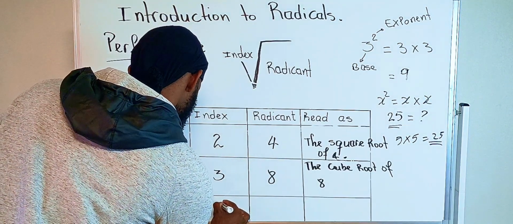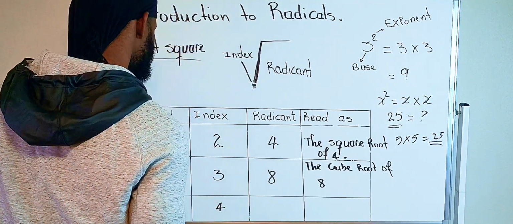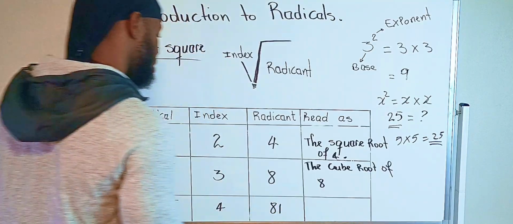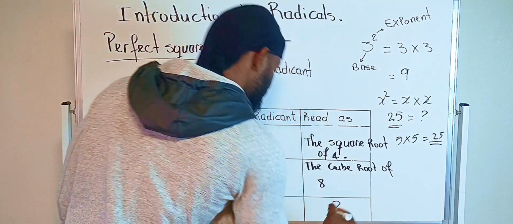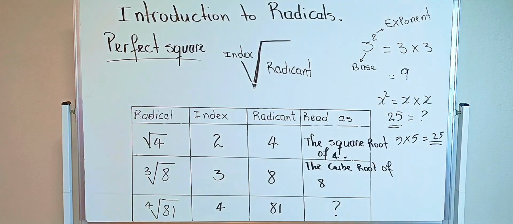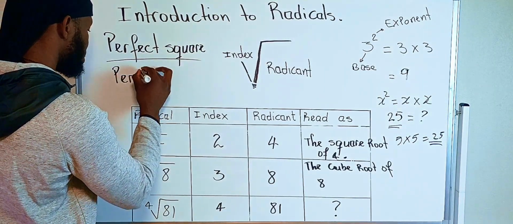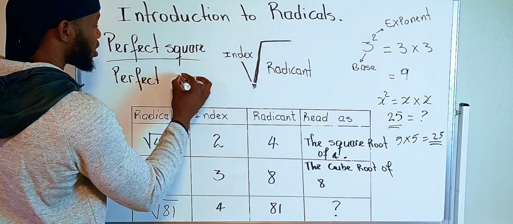We have 4, which is the index, and 81, which is the radicand. Guys, let me know in the comments how we can read this. Right now, let's go for perfect cubes. We don't have only perfect squares, but we have perfect cubes.